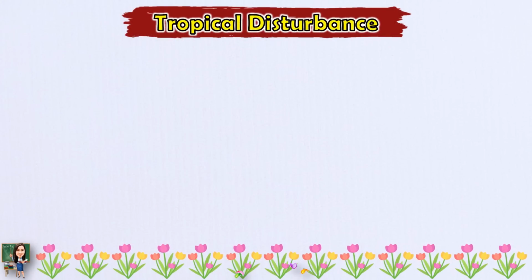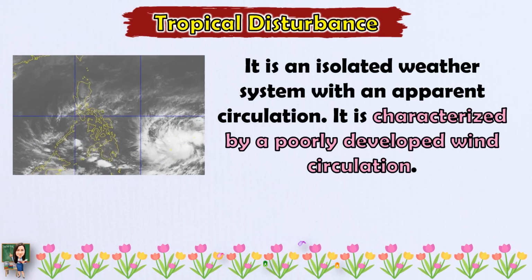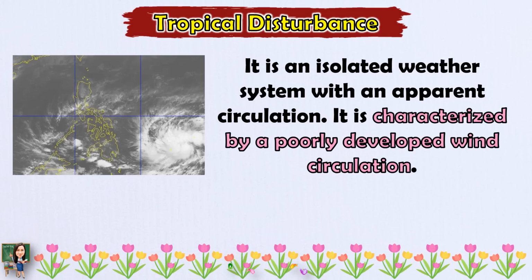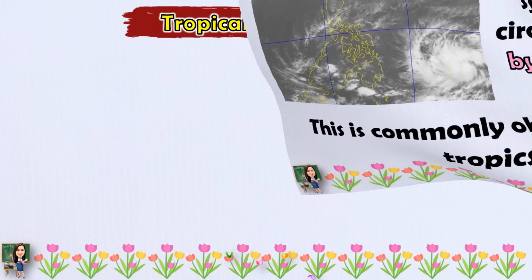Tropical disturbance. It is an isolated weather system with an apparent circulation. It is characterized by a poorly developed wind circulation. This is commonly observed throughout the wet tropics and subtropics. Another is tropical depression.